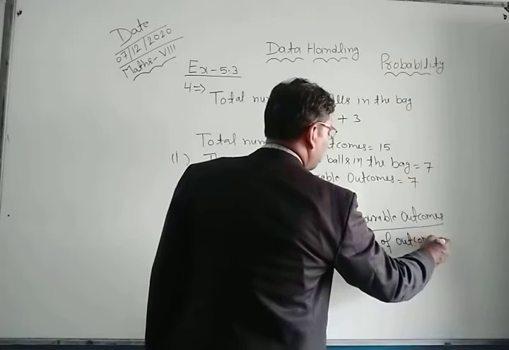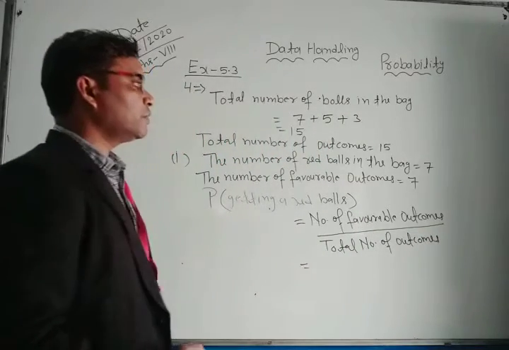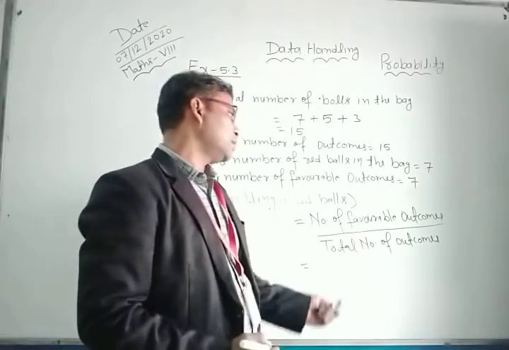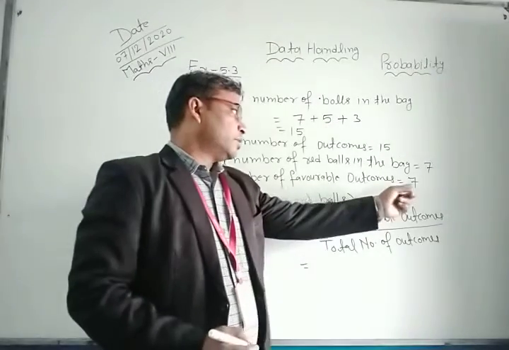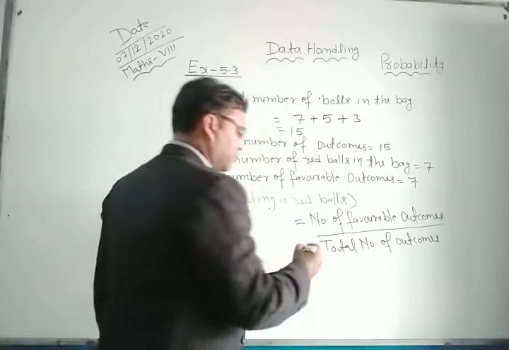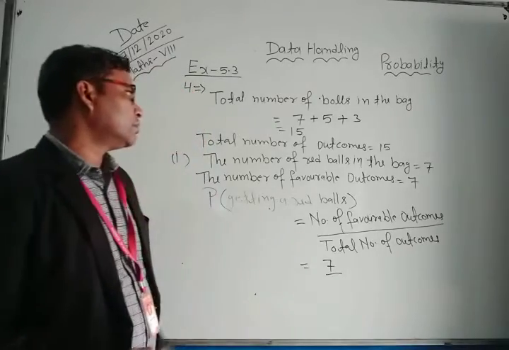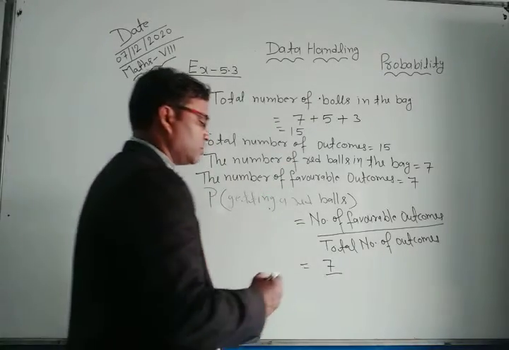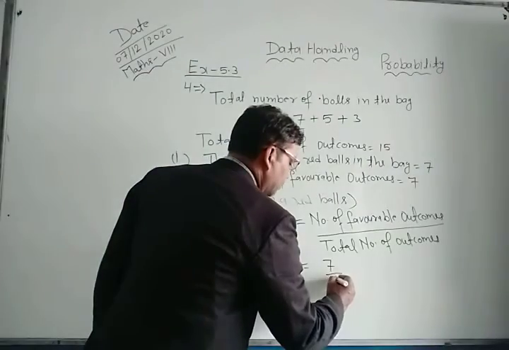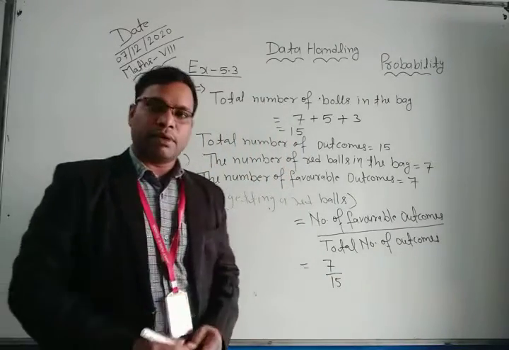So how many favorable outcomes here? Here 7 is the favorable outcome, so we write 7, and total outcomes is 15, so we write 15. So 7 by 15 is the probability of getting a red ball.